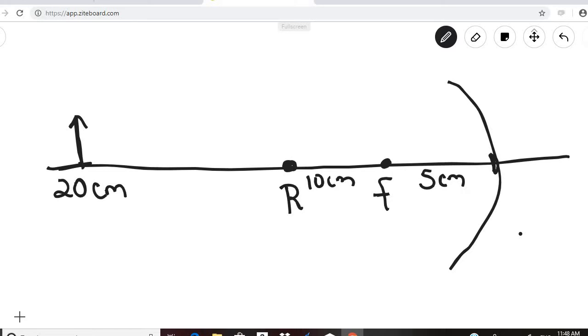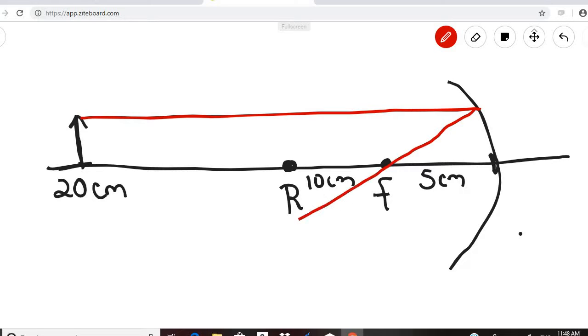Okay, so then if we apply what we know about how light beams reflect off of a concave mirror, we know that if the light beam goes in horizontally, it will strike that mirror and reflect out through the focal point.